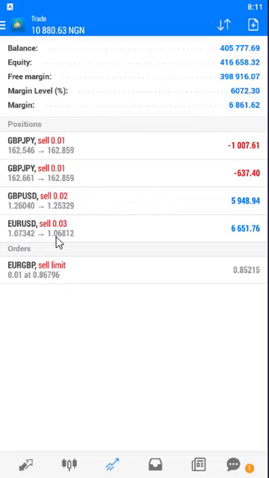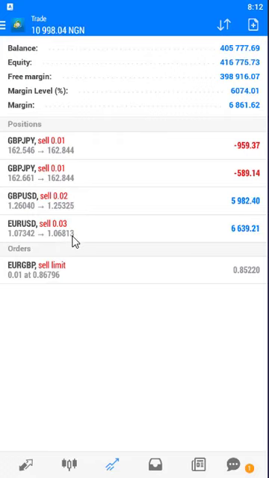Which of them is bigger or smaller? So you can agree with me that 1.06814 is lower or smaller than 1.07342. That means the price has gone down. And of course, in trading, when you sell, you make profit when the price goes down.